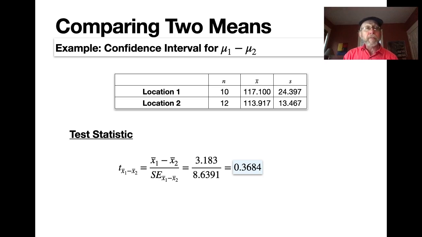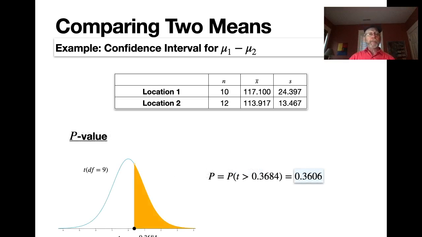Of course, the p-value quantifies just how extreme our data is, and so let's go ahead and calculate that. The p-value is the probability of all test statistics that are at least as strong as ours against the null hypothesis and in favor of the alternative. The null hypothesis is again represented by the mean of our t-distribution with 9 degrees of freedom.